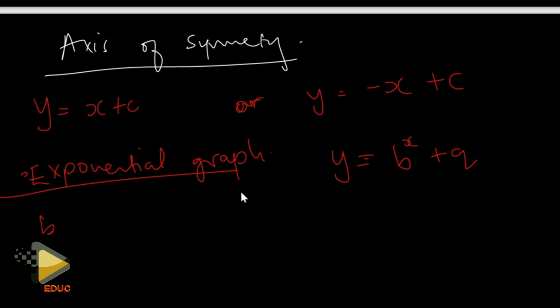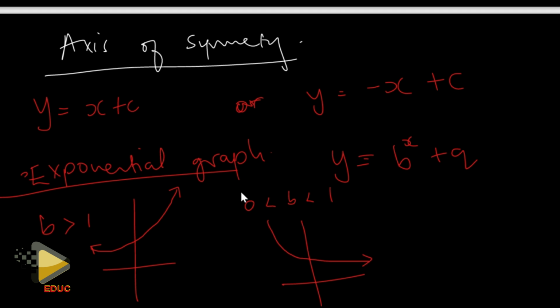Now, if b is greater than 1, then the graph will be increasing in that format. But if b is between 0 and 1, otherwise a fraction, then the graph is going to simply decrease. Now, q represents what we call the horizontal asymptote. So pay attention to the q and to the p values.